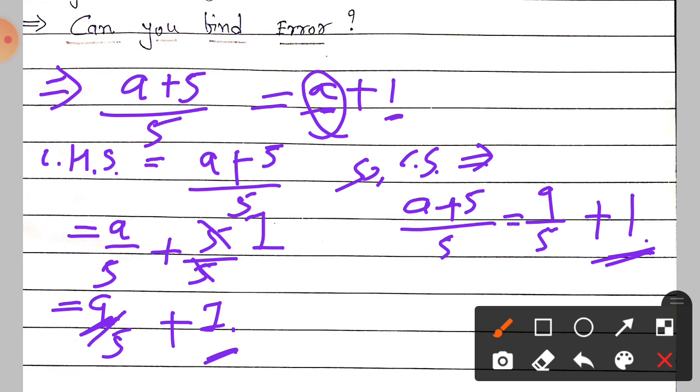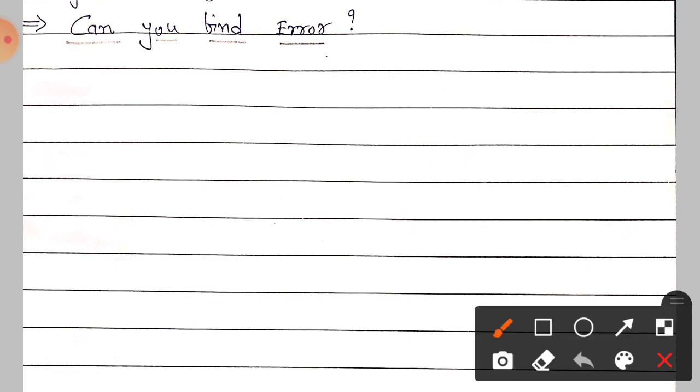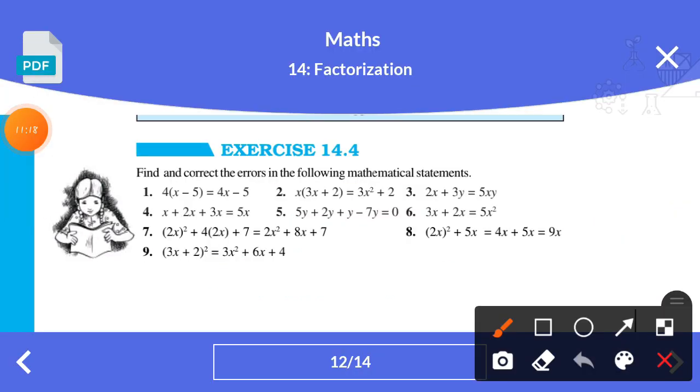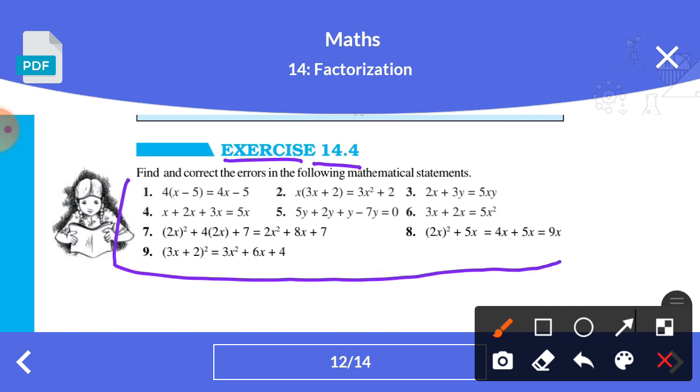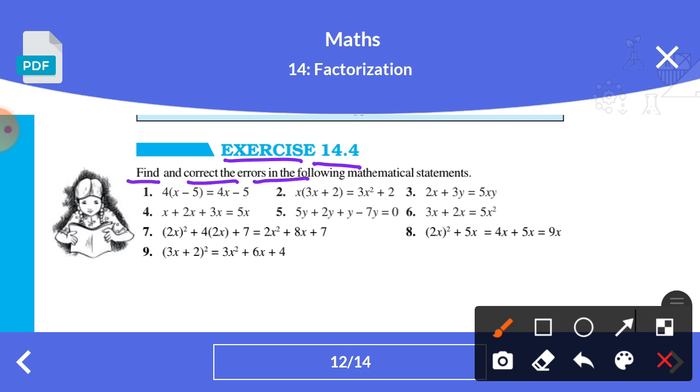So let's start with exercise number 14.4. In exercise number 14.4, the following sums from 1 to 9, correct? In the question they say to find and correct the errors in the following mathematical statements.